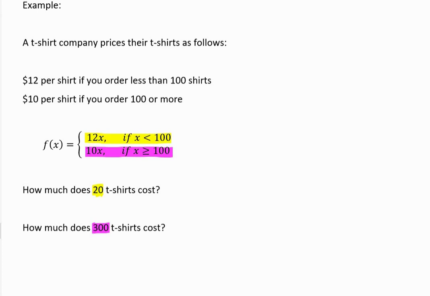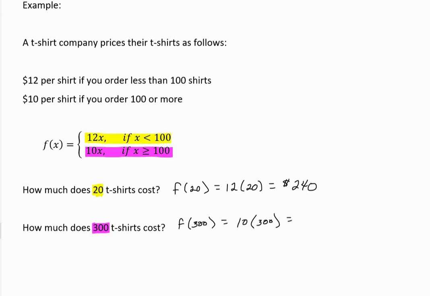So here, f of 20 is going to be found by multiplying 12 times 20. So that's going to be $240 for the cost. And the second question, how much does 300 t-shirts cost? So f of 300 is going to be 10 times 300.